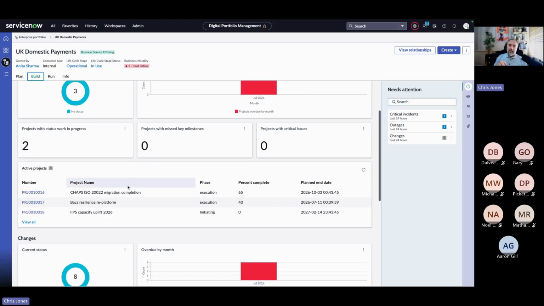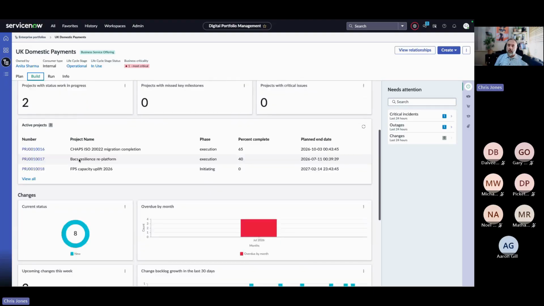And the way it collects is that if these projects are all built up around an application service that this is leaning on. So say, for example, we're running a project to upgrade the productive environment. It would show up here automatically without us having to try and connect the dots or put it onto a spreadsheet and try and create these dashboards that we get to look at.